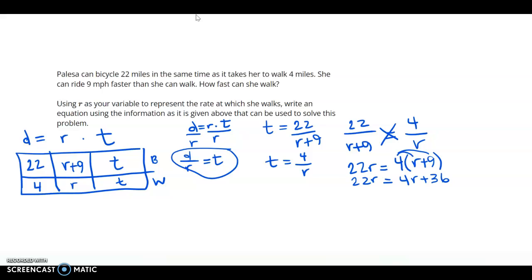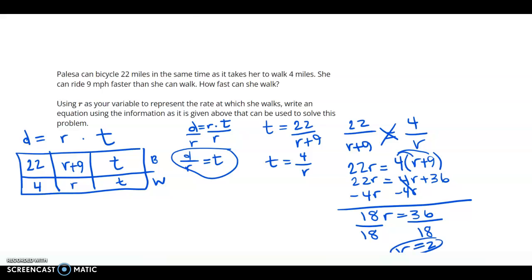Let's get our r terms on the same side. So minus 4r from both sides, those cancel. So I get 18r equals 36. To solve for r, I just divide by 18 on both sides, and so r equals 2. So what does that tell me in terms of this problem?